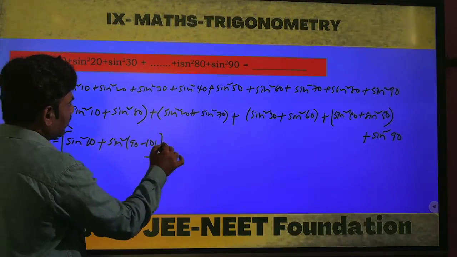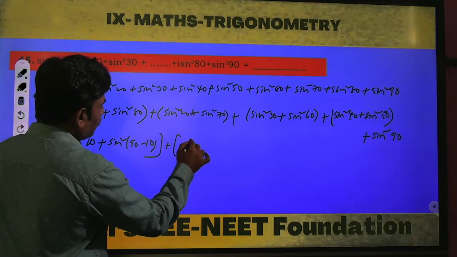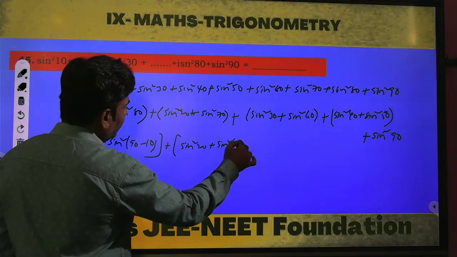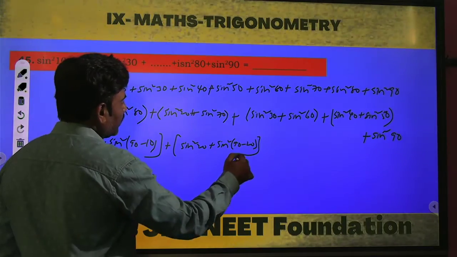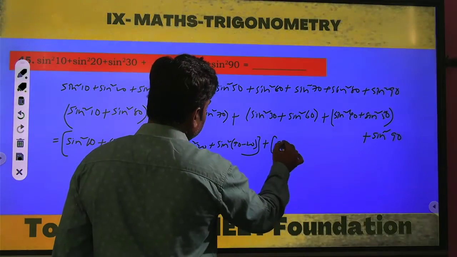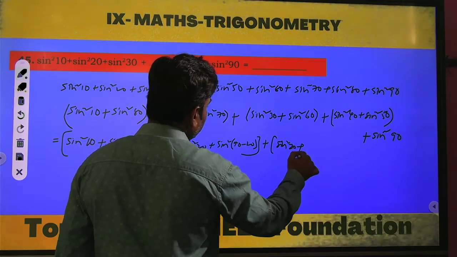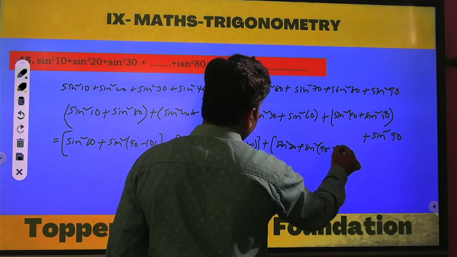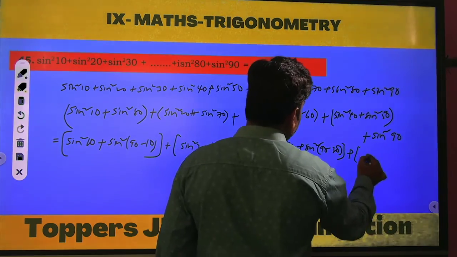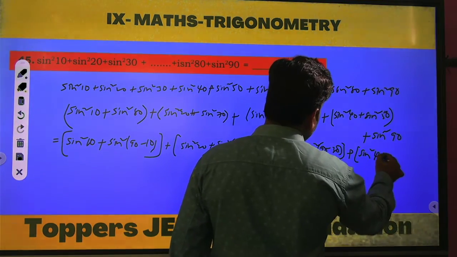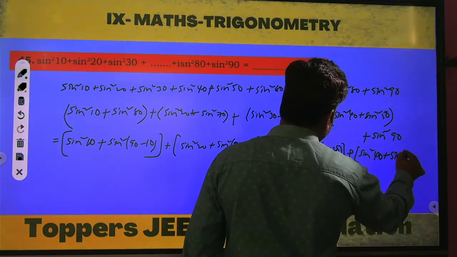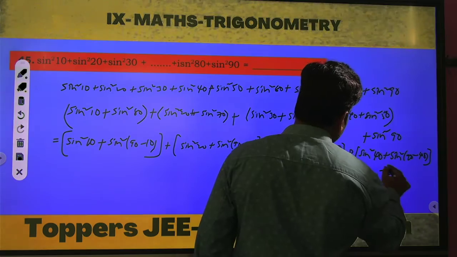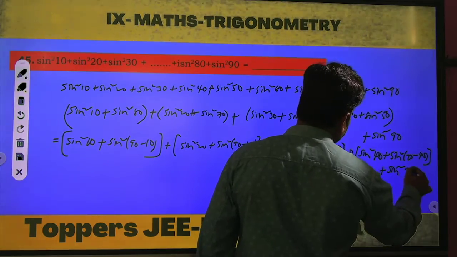In the same way, the remaining: sin square 20 plus sin square of 90 minus 20, plus sin square 30 plus sin square of 90 minus 30, plus sin square 40 plus sin square of 90 minus 40, plus sin square 90.